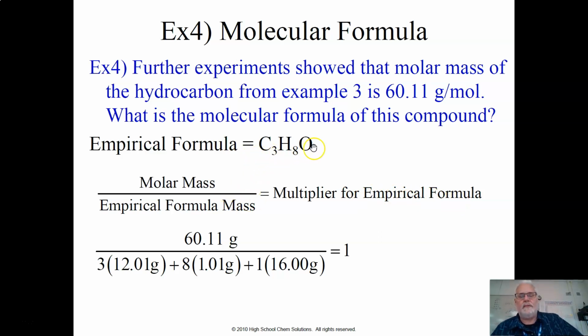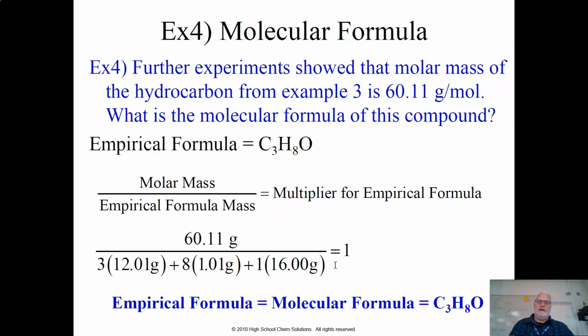If the empirical formula is this, when you add that up, 3 carbons, 8 hydrogens, and an oxygen, you will get approximately 60.11. When you divide those out, it's 1. So sometimes, that might be 120, and then you'd have to double everything, okay? Or if this was 180, you'd have to triple everything. But in this case, it actually worked out to be a ratio of 1.